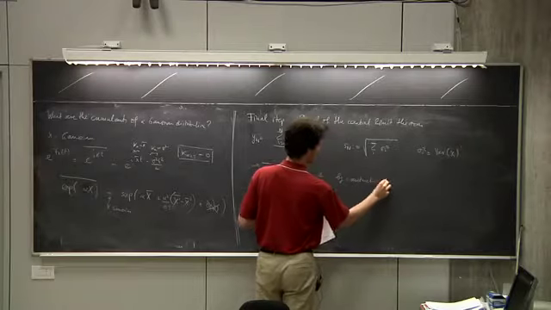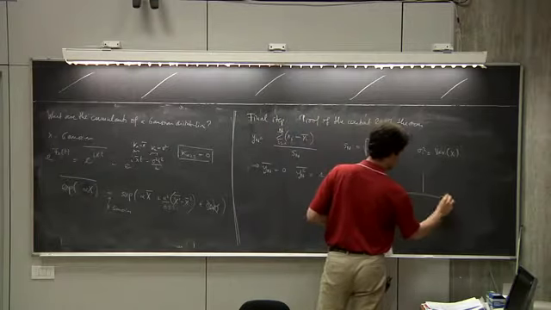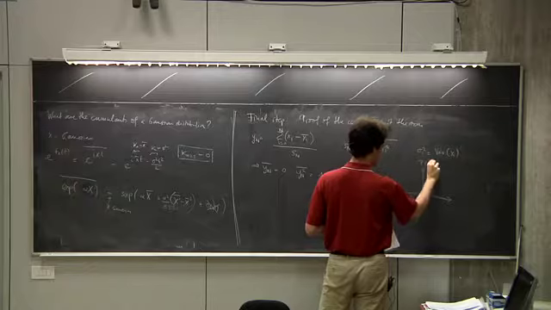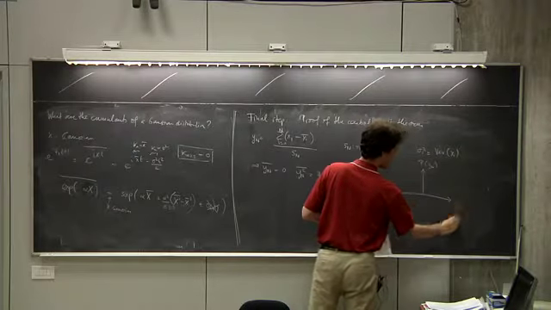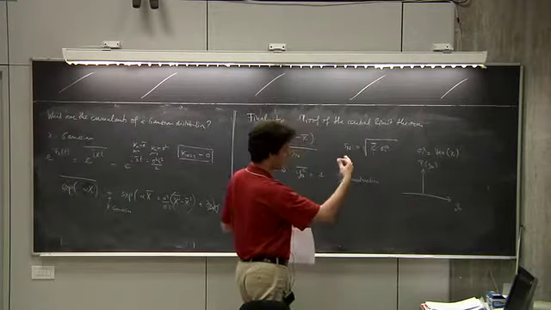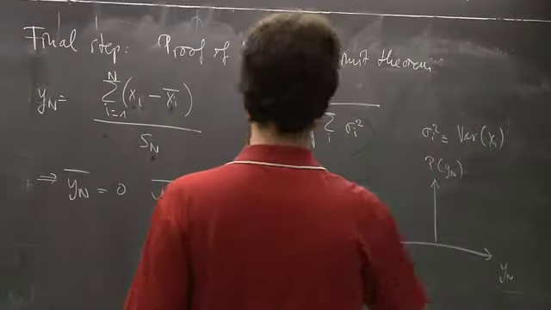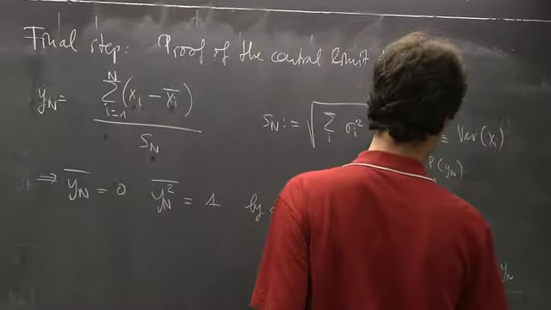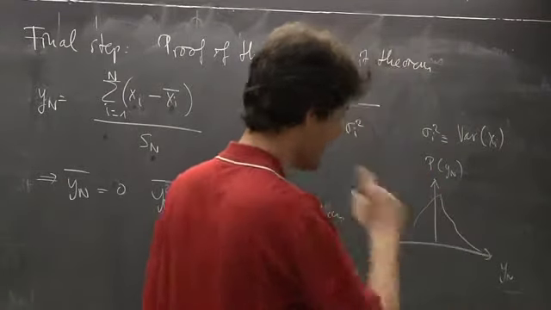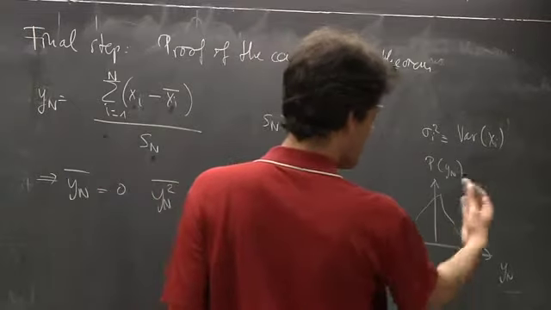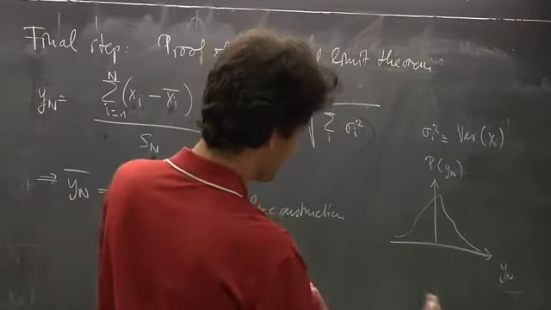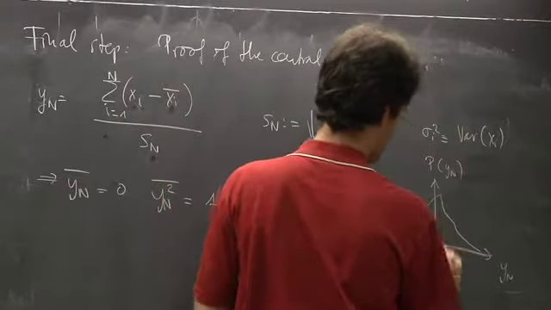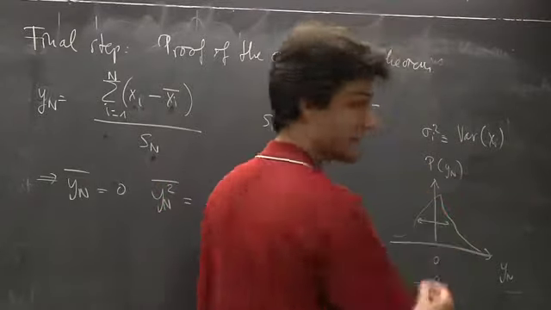So why do we do that? Because if I now take P of Yn, the distribution of Yn, when n is 1, then I will just find the distribution of x1. So that may be anything, a mountain. But it is normalized in such a fashion that the mean is at 0 and the typical width is 1.